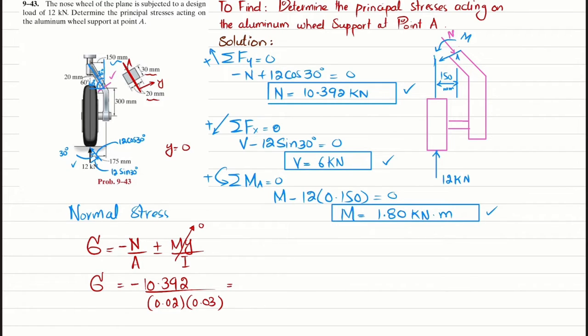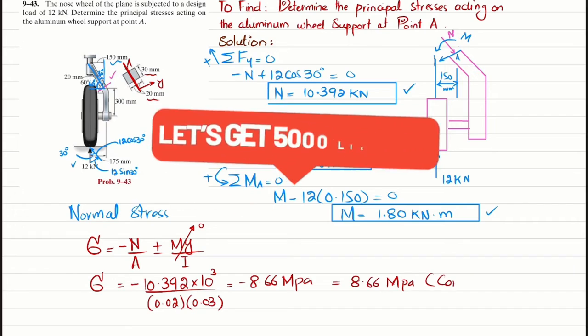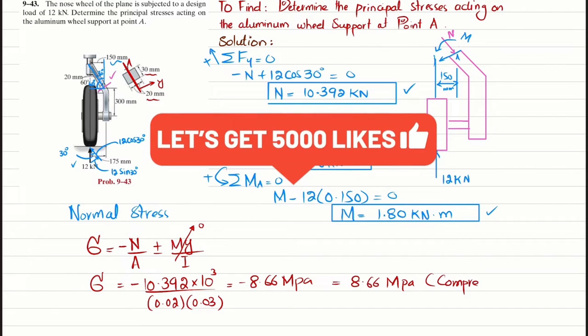So sigma will be equal to 8.66 megapascal. Also you can see N is in kilonewton, so I will multiply with 10 raised to 3, and this will be minus 8.66 megapascal, and that is in compression. Negative sign means it is in compression.